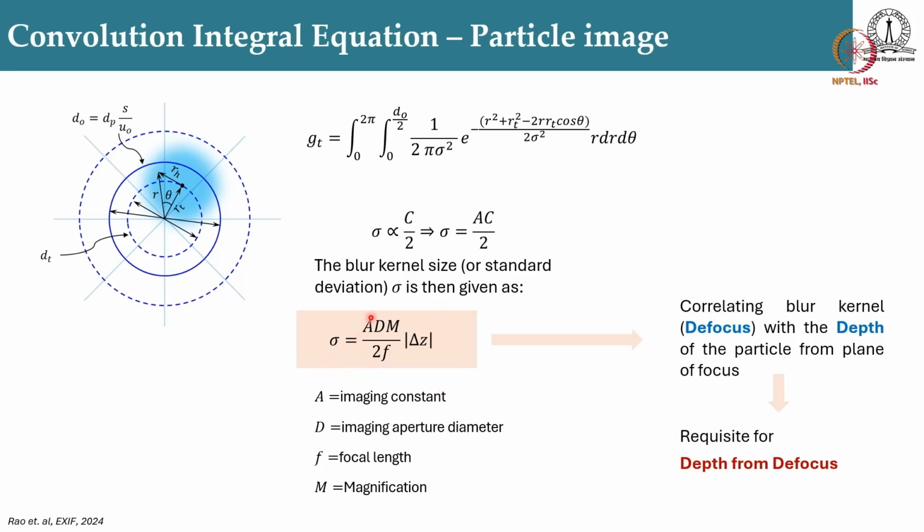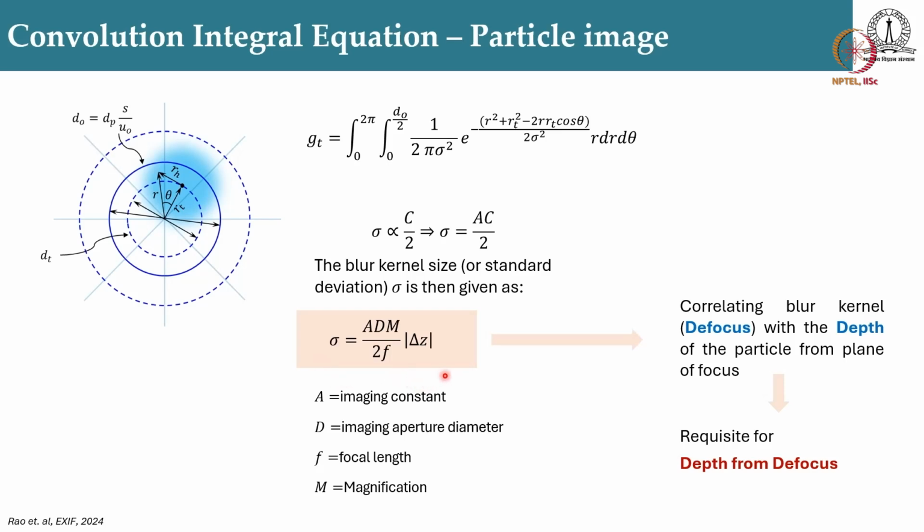So this big term that you see in front, if you don't change the aperture of your system or other parameters associated with your experimental system, will remain a constant, and it shows us that this sigma is directly proportional to mod delta z.